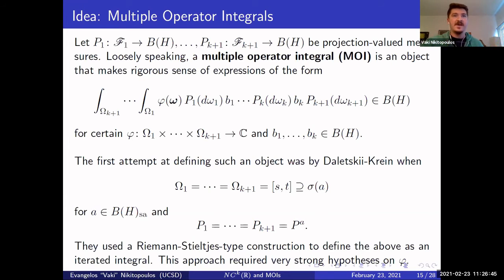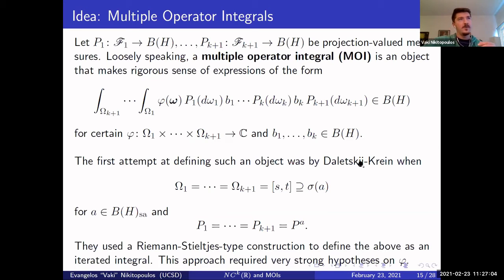This approach is nice because it lets you interpret this as an iterated integral. But the major downside is that it required very strong regularity hypotheses on the function phi, and so it led to very non-optimal results. But that was the first attempt.